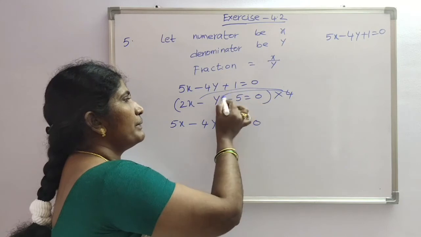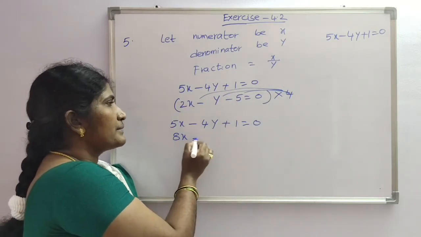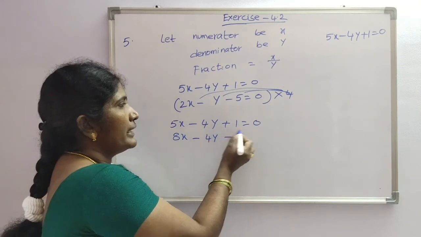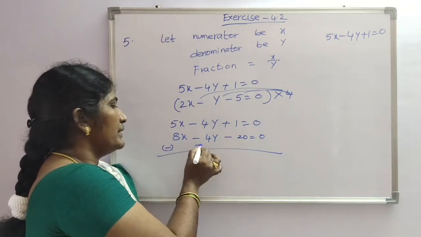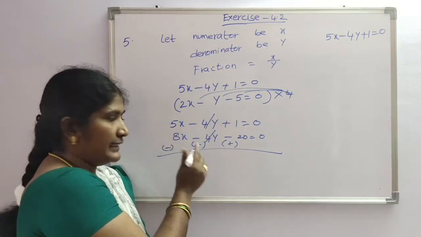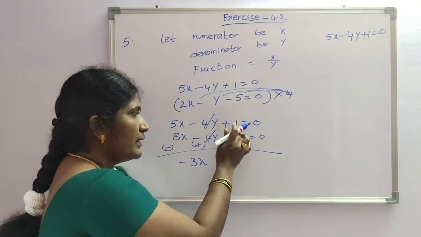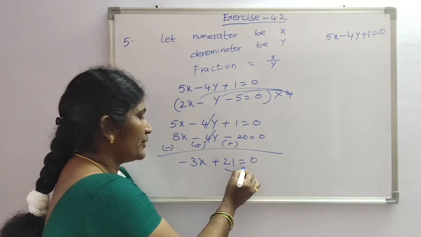Second equation, multiply each and every term with 4. 4 2s 8x minus 4y minus 4 5s 20 is equal to 0. Now change the signs. Minus 4y plus 4y get cancelled. 5 minus 8x, that is minus 3x plus 1 plus 20 is 21 is equal to 0.